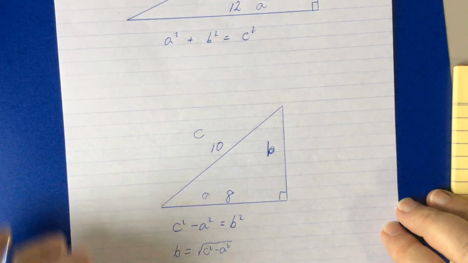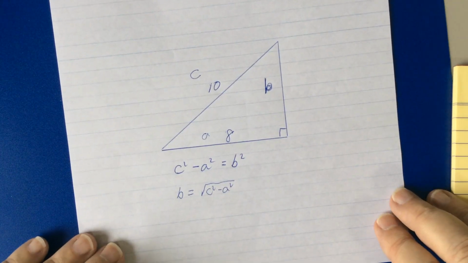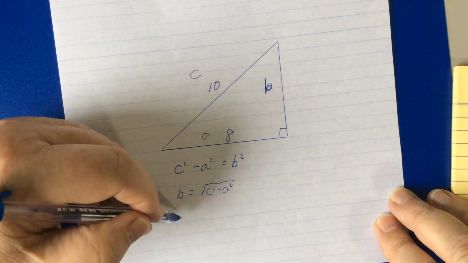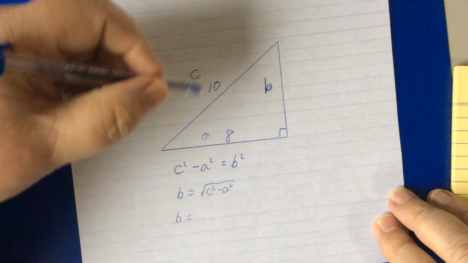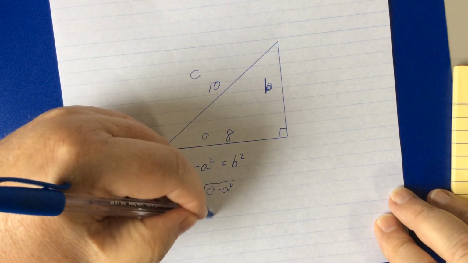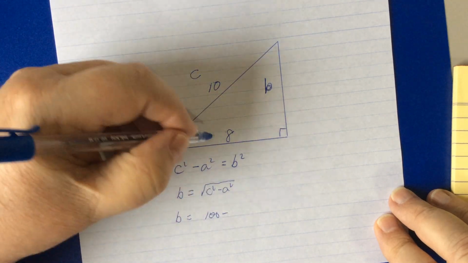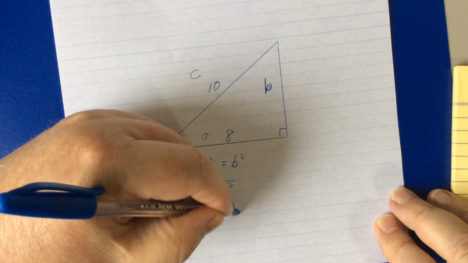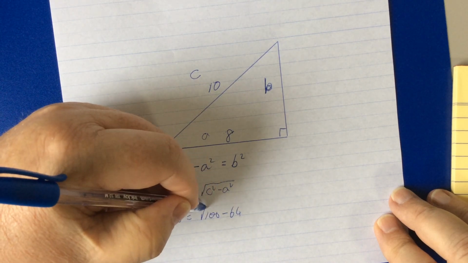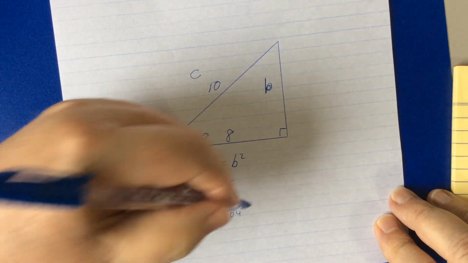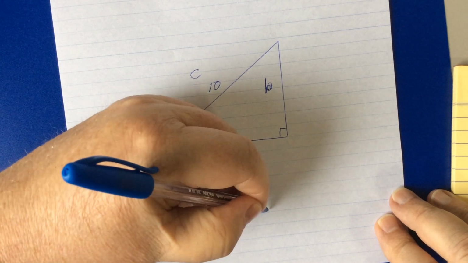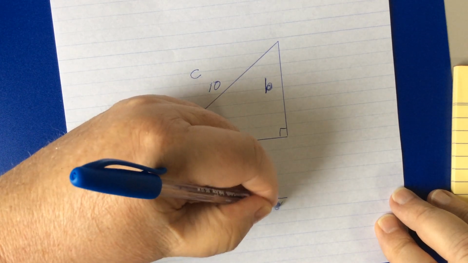Let's put that to work. Okay. So B is equal to C squared 100 minus A squared. A squared is 8, so that's 64. 100 minus 64 equals 36.